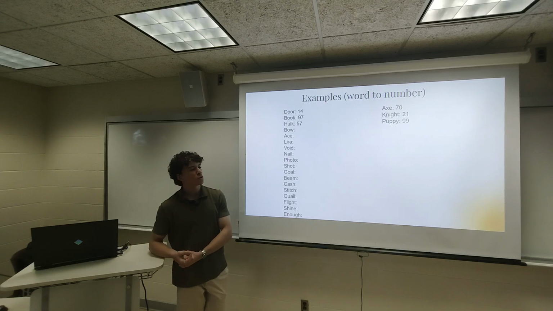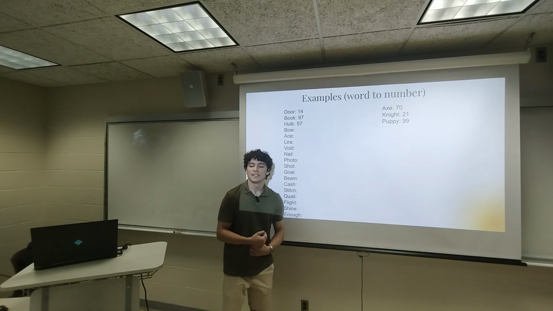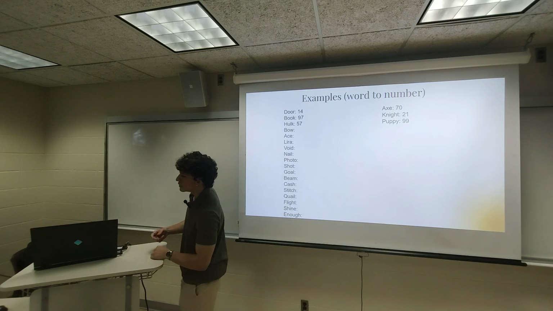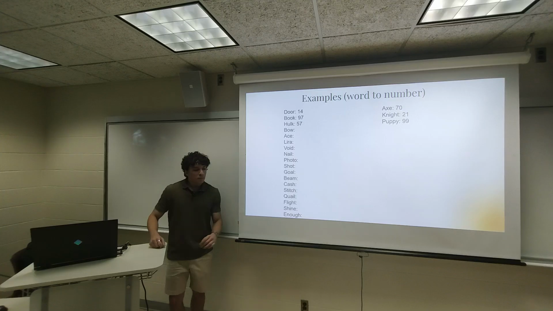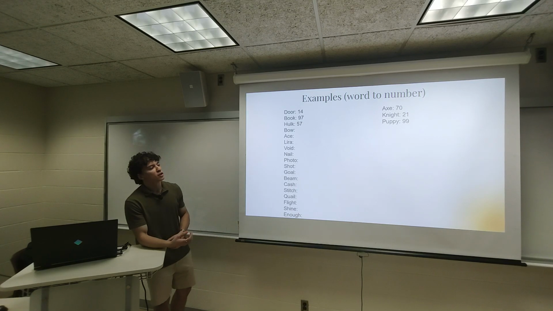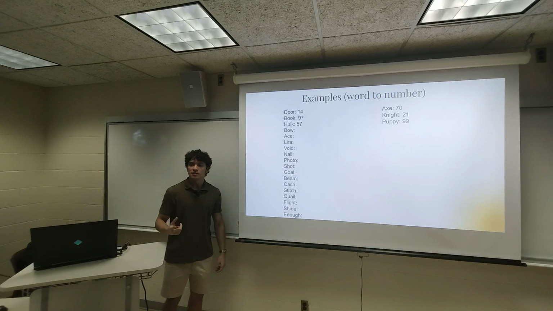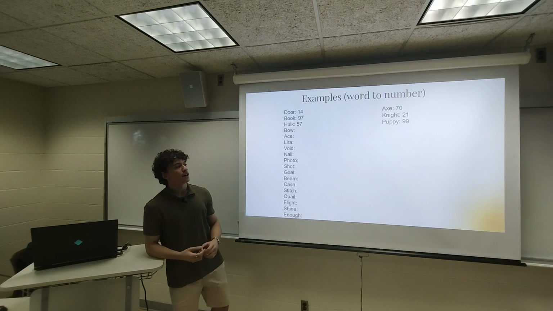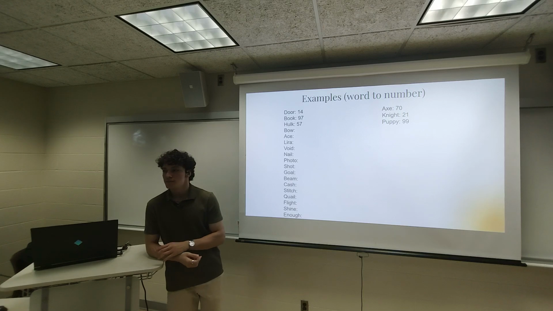Night. Why is night 21? Yes. So night, the N is 2 and the T is 1. And the K doesn't mean anything because it's silent. You're thinking only about the sounds. And puppy, for instance. Why is puppy 99 and not 999?